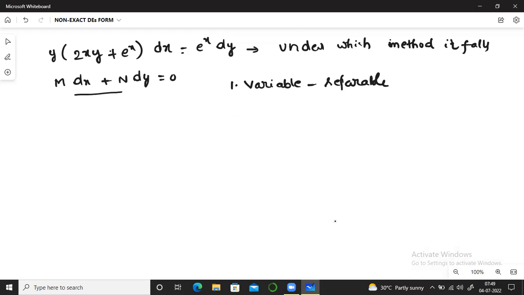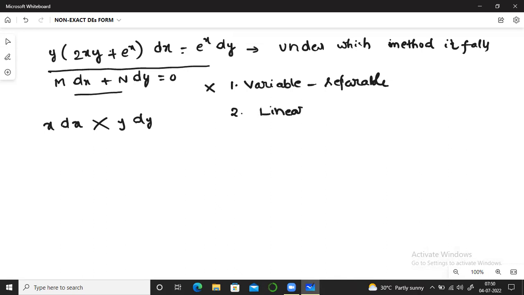If you try x and dx terms and y and dy terms, you cannot separate. So by using the variable separable method, you cannot solve this problem. Next, second thing is, we know there is a method called linear Leibniz form.